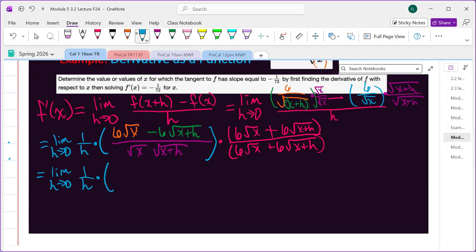On top, when I do the FOIL distribution, I'm going to get the first times the first and the last times the last because we have a conjugate, so the outer and inner part of the product are going to cancel out. So 6 times 6 is 36. Square root of x times square root of x, I'm going to write square root of x squared. Then we'll have minus 6 times 6 is also 36 times square root of x plus h squared.